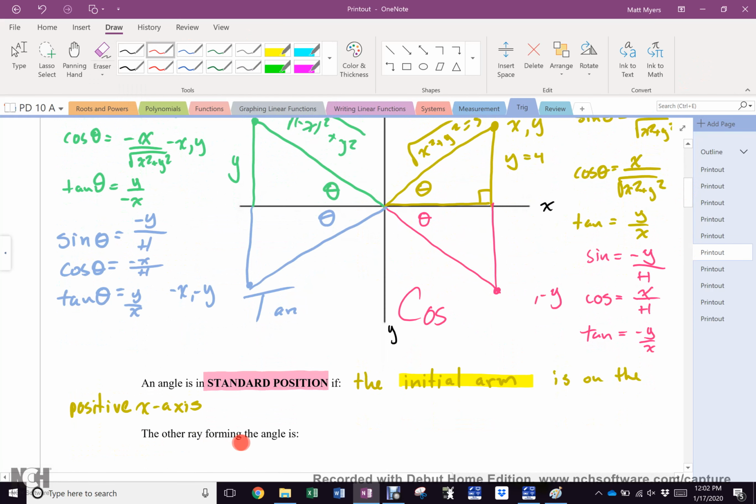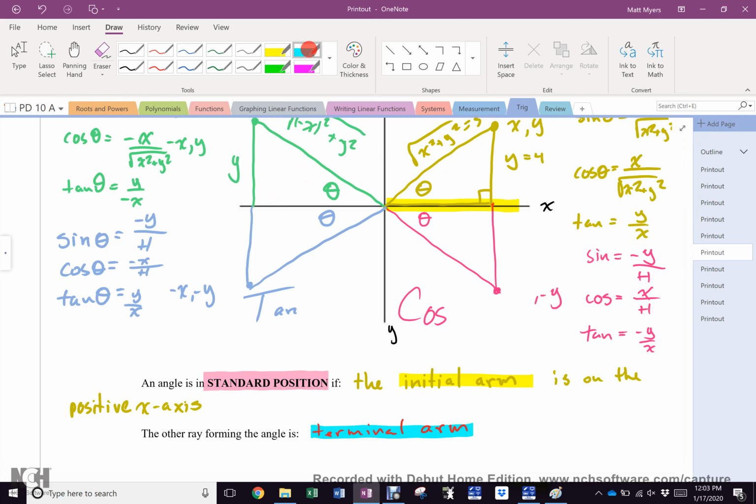The other ray forming the angle. So remember, an angle needs two rays, right? Or arms. One of them is the initial arm. The other ray is the terminal arm. And I'm going to highlight that in blue. Now, the terminal arm, if that is the initial arm of all four of these thetas, right?